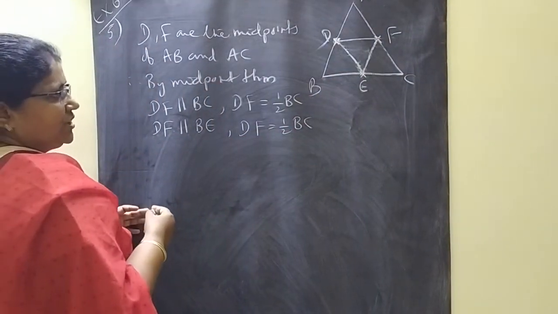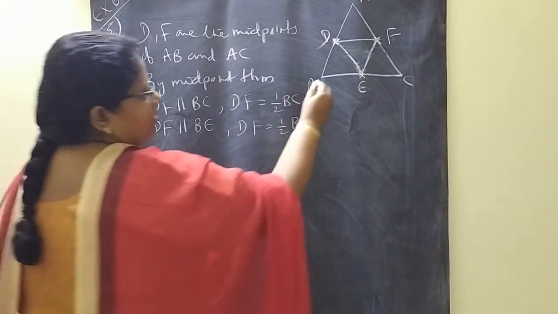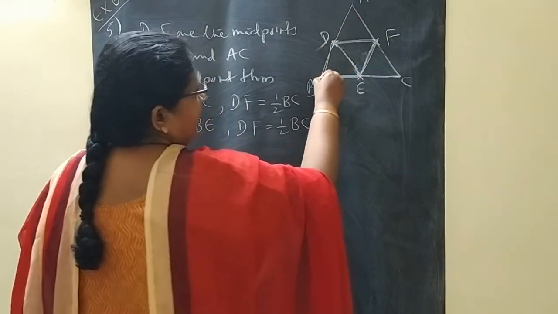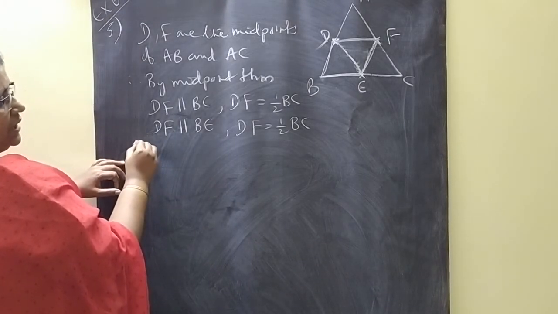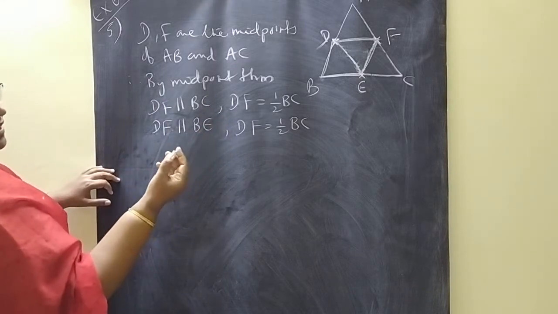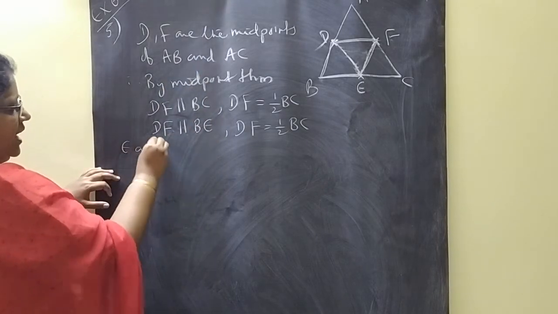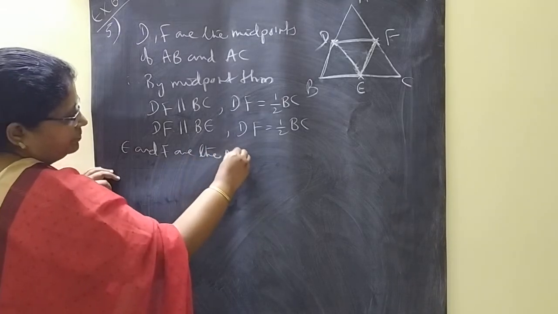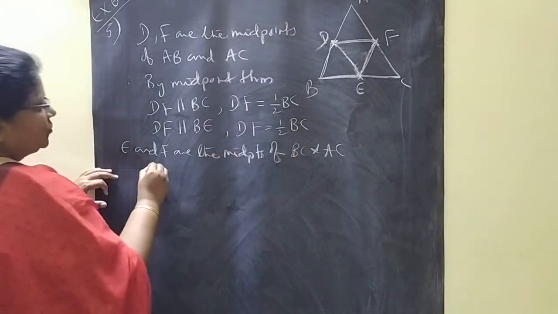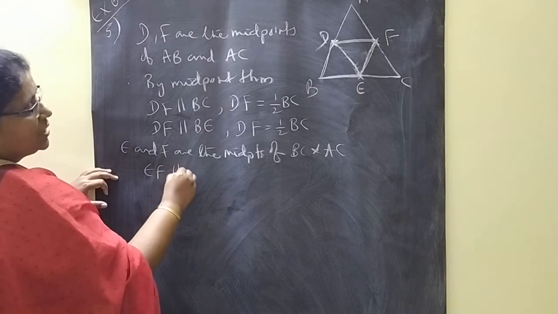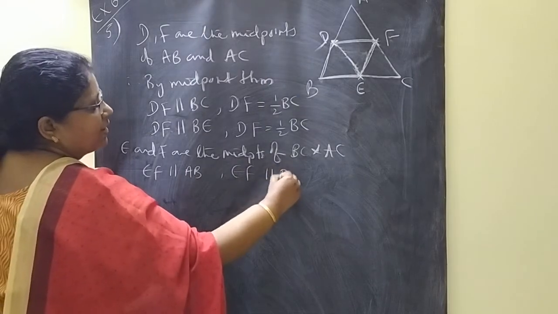Next, we can consider E and F also. E and F are the midpoints of BC and AC, so EF is parallel to AB, or EF is parallel to BD.